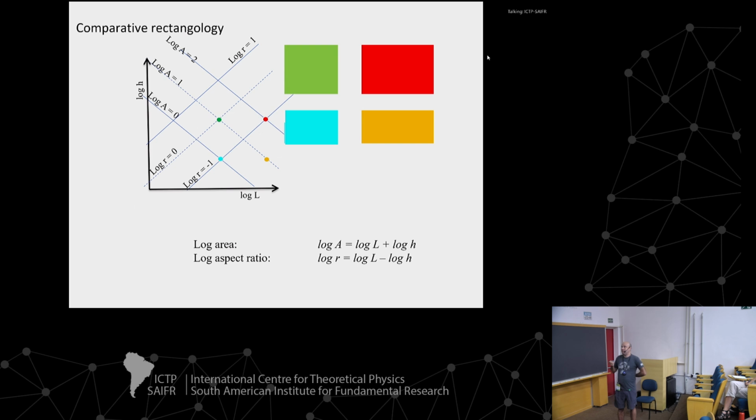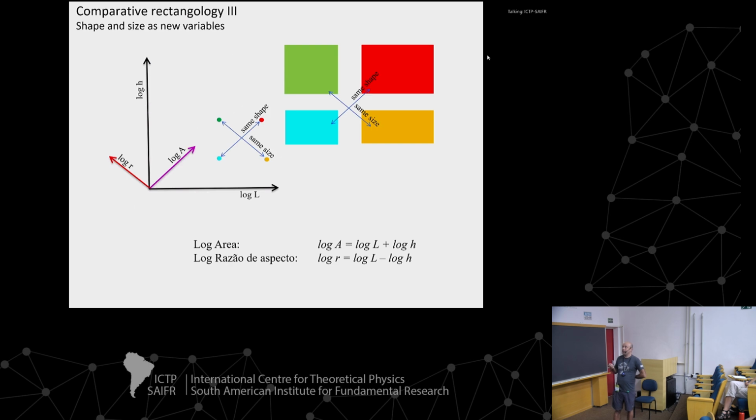In the special case of the square, they have this aspect ratio of 1. So what we have done here is that by defining these new variables, we define two different directions in this plane. This is same shape, this is same size. So we now segregate shape and size, and we can explain our rectangles for different purposes and different interests.